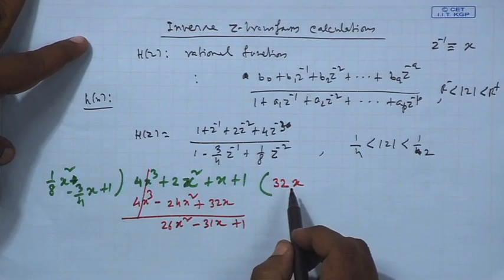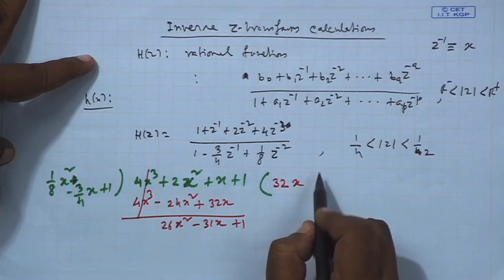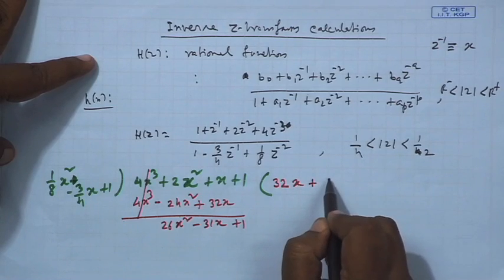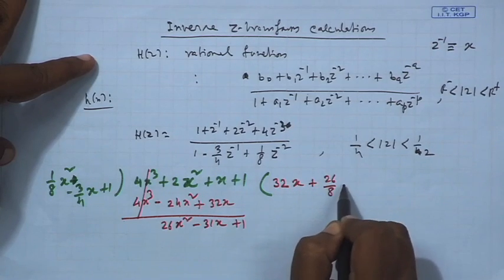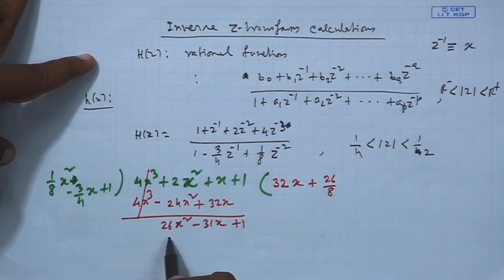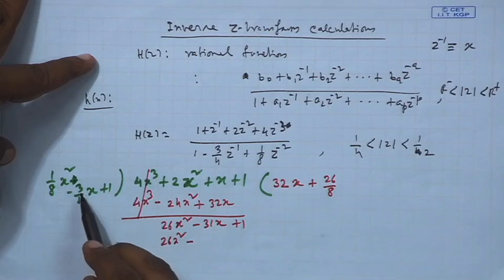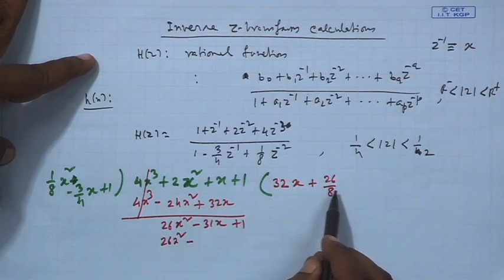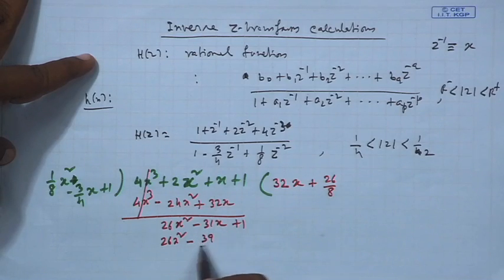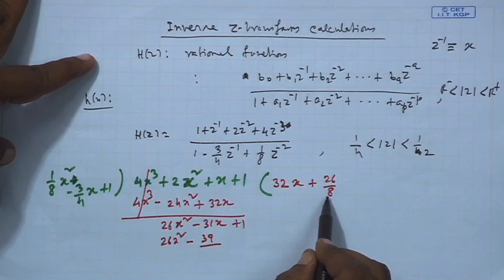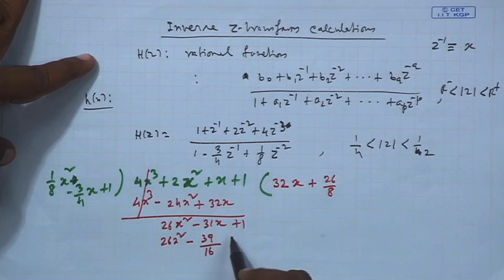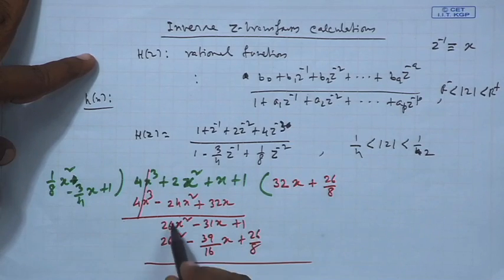So, next time you multiply by 26 by 8. So you get 26x square minus 3 by 4 into 26 by 8, that is 39 by 16 x, plus 26 by 8. This is cancelled.